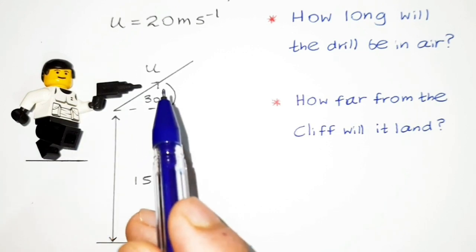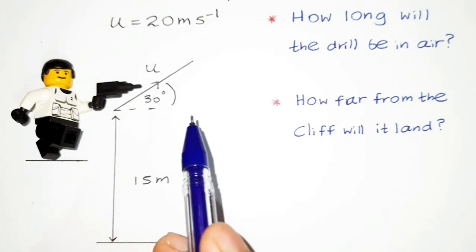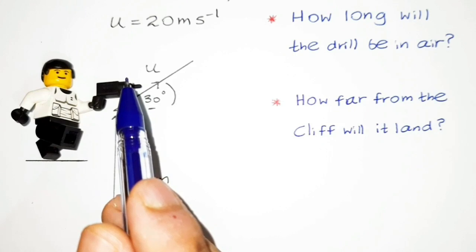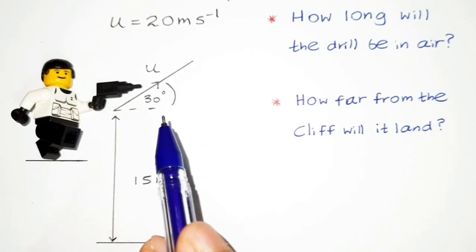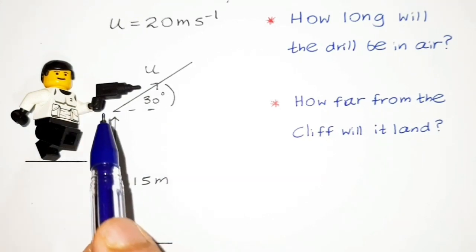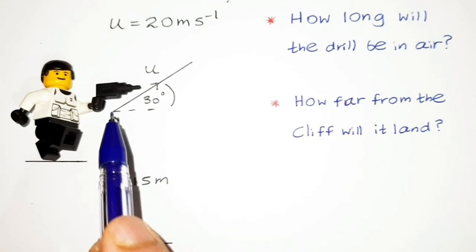The velocity here, which is the initial velocity u, can be split into the x direction and the y direction. When we consider the horizontal velocity, it is constant when we neglect the air resistance. However, the maximum vertical velocity would be at the initial position where he throws the drill from his hand.